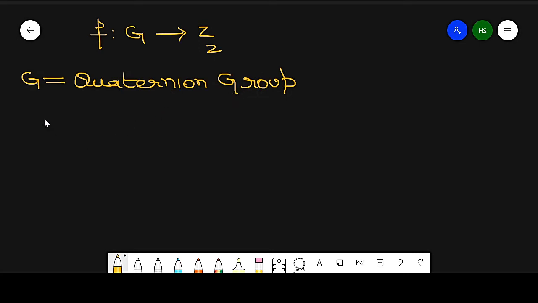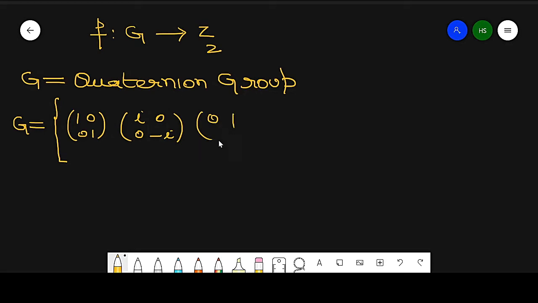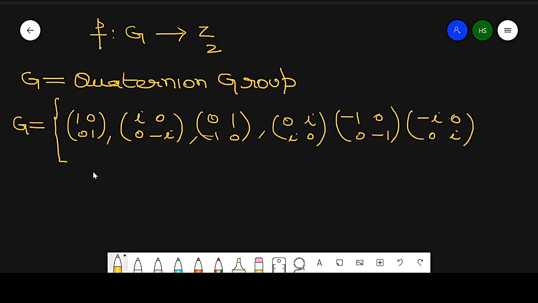First see this. This is a set of 2 by 2 matrices G, whose first matrix is the identity, 1 0 0 1, one element, then iota 0 0 minus iota, then 0 1 minus 1 0, then 0 iota iota 0, and minus 1 0 0 minus 1, then minus iota 0 0 iota, and 0 minus 1 1 0, and 0 minus iota minus iota 0.